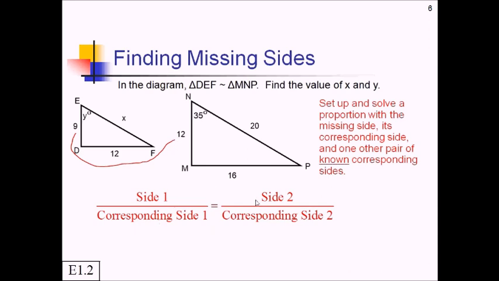And for side 2, that's the x side that we're looking for, and its corresponding side, which is this 20 side over here. So we can say 9 over 12 equals x over 20, or vice versa, it doesn't really matter. Cross multiplying, we have 12x equals 180, and dividing by 12, we get x equals 15.